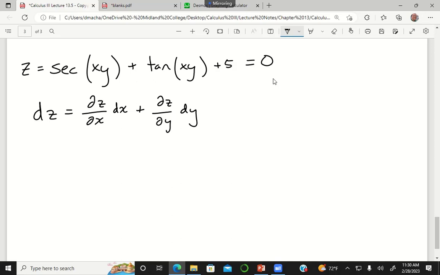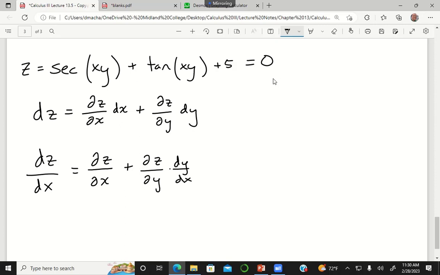And divide by dx and then set equals 0. That gives me dy dx.